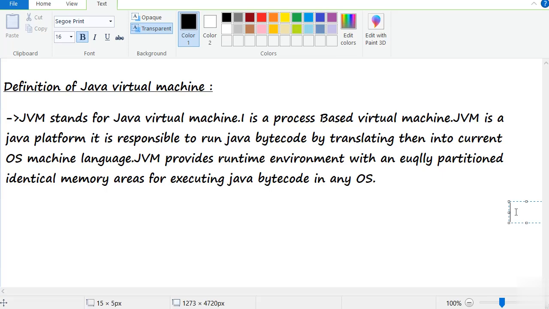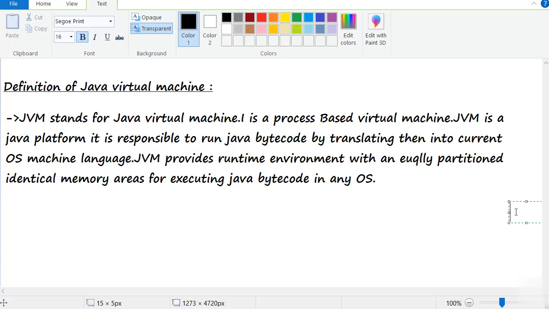It is responsible to run our Java bytecode by translating them into the current OS machine language, and JVM provides a runtime environment with an equally partitioned identical memory areas for executing Java bytecode in any OS.